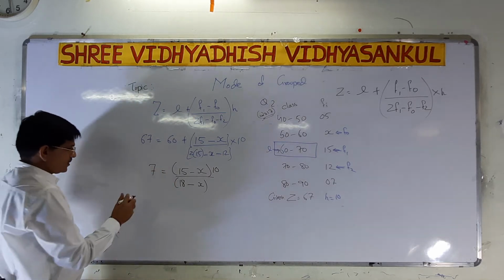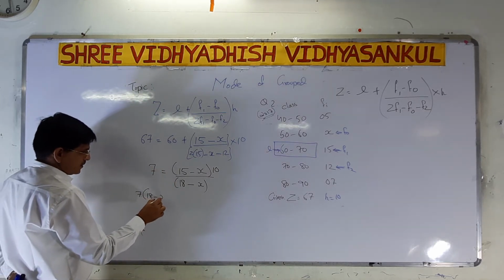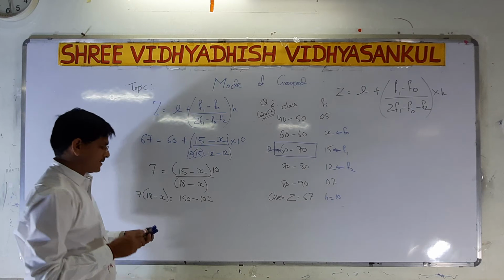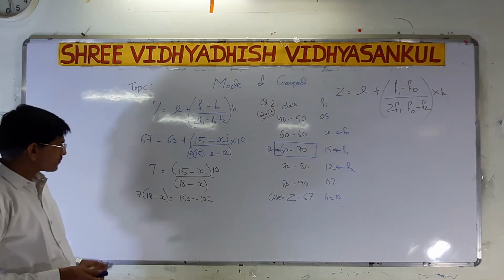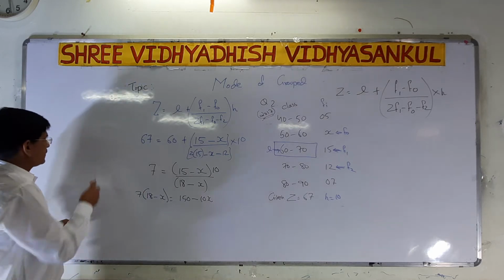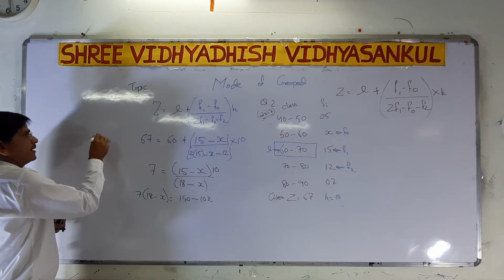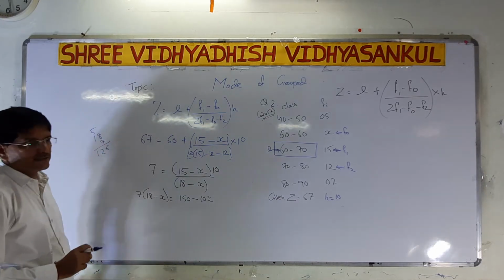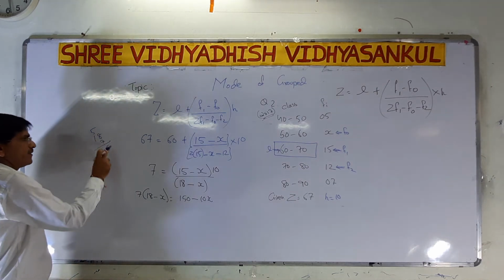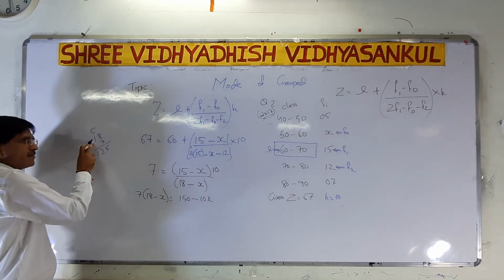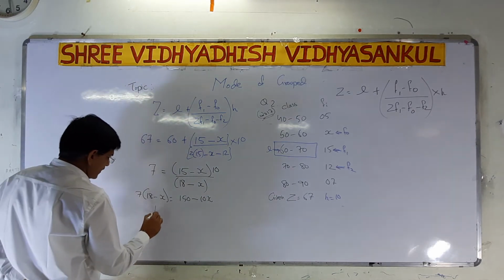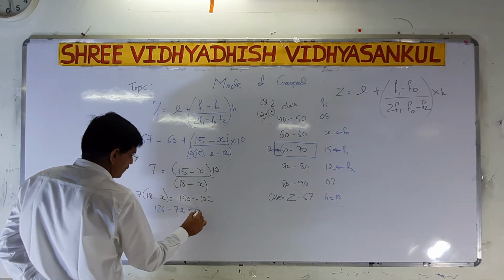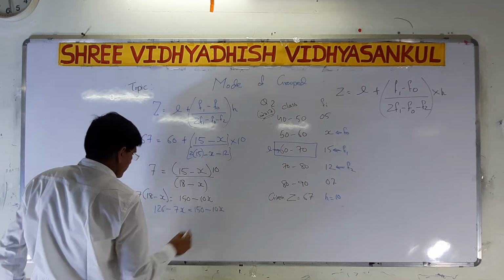First, shift this: 67 minus 60 is 7. Now (15 minus x) upon (30 minus 12), that is 18 minus x, and here it is 10. So this becomes 150 minus 10x. Now 18 into 7: 8 sevens are 56, 1 seven is 7 plus 5 is 12, so 126. So 126 minus 7x is equal to 150 minus 10x.